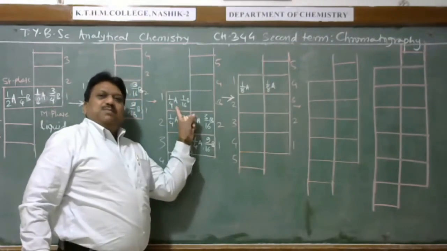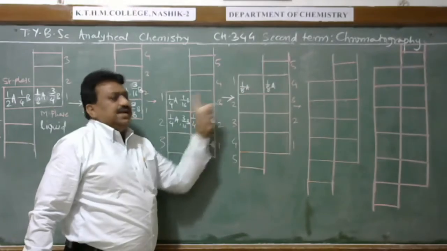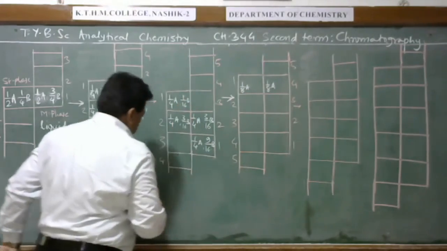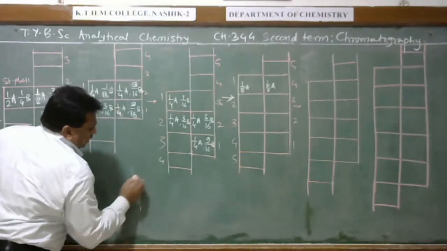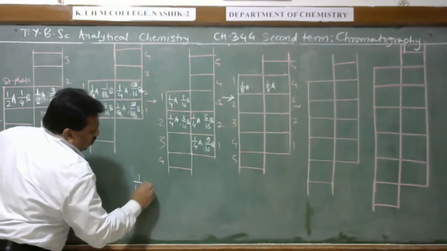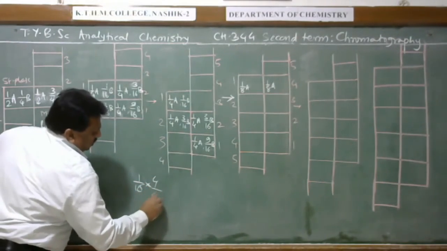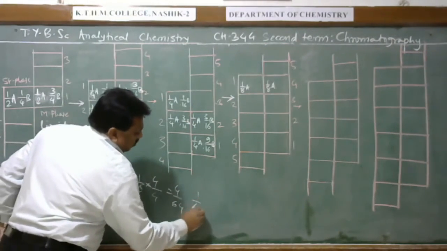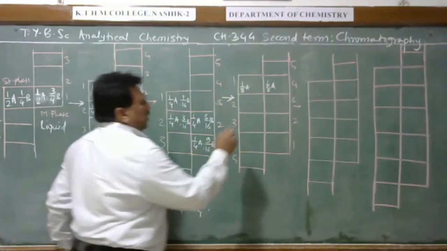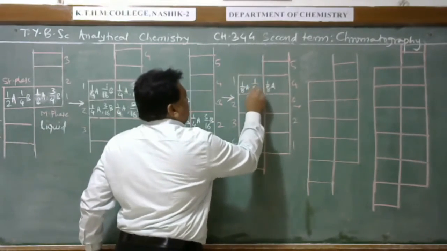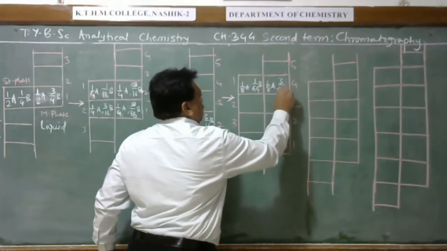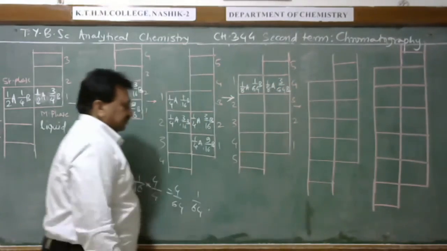That means here 50% gets distributed. Again here 3/16 means 1/16 into 4 divided by 4, that means 4/64, meaning 1/64 and 3/64. Therefore here 1/64 B is here and 3/64 B will be here.